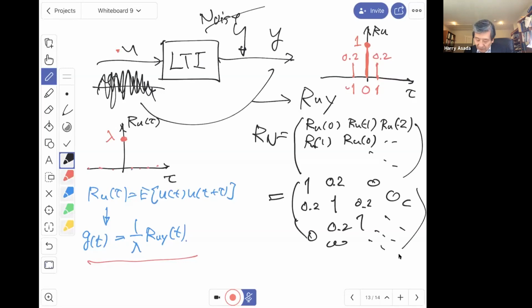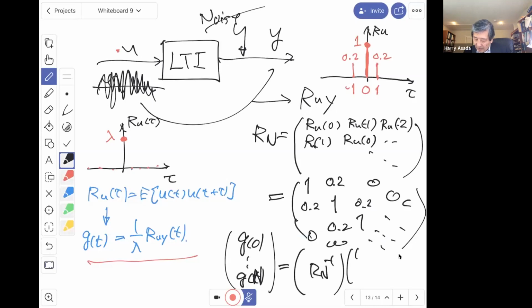And g_0, g_t, if you want to truncate it up to capital N, equals the inverse of R_n, times R_uy(0) through R_uy(N).